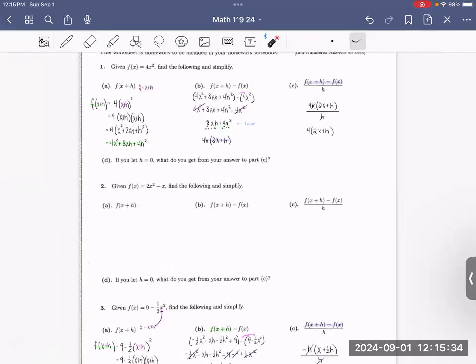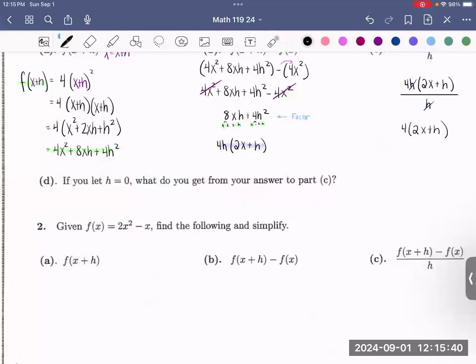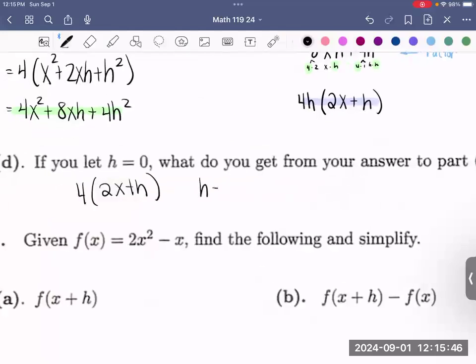So I'll go back. It says, if you let h equal to 0, what would you get from part C? So part C, we had 4 to x plus h. So if we let h equal 0, well, we're just going to replace this h with a 0. So we're left with 4 times 2x plus 0 to then be just 4 times 2x, or just 8x.